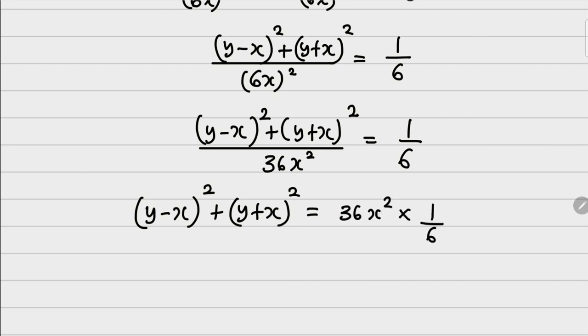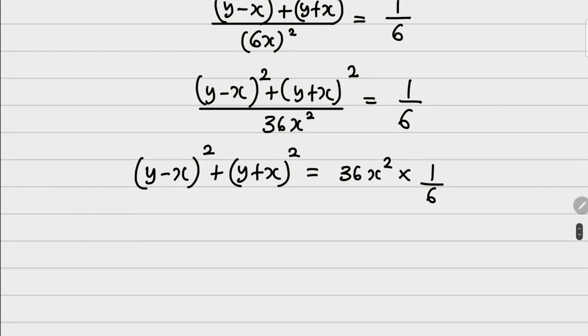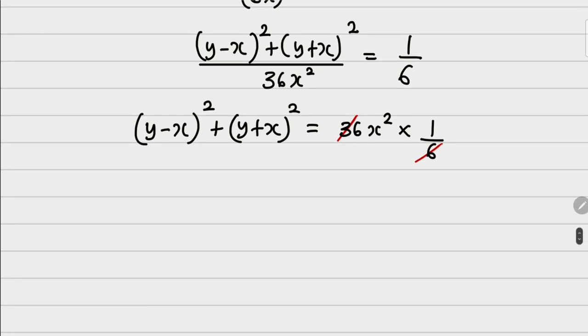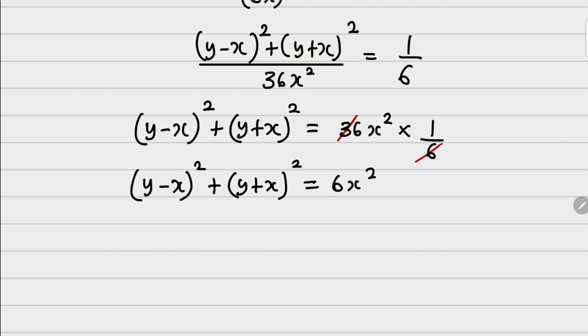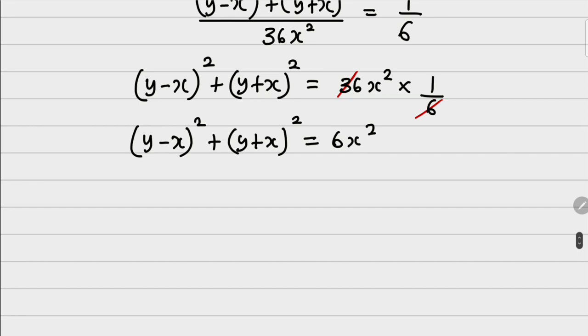All right, so what I need to do is to cancel this out, so that I'm going to be left with y minus x all squared plus y plus x all squared is now equal to 6x squared. Okay, then I'll expand the left hand side.